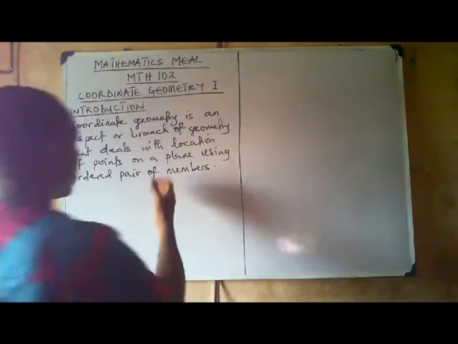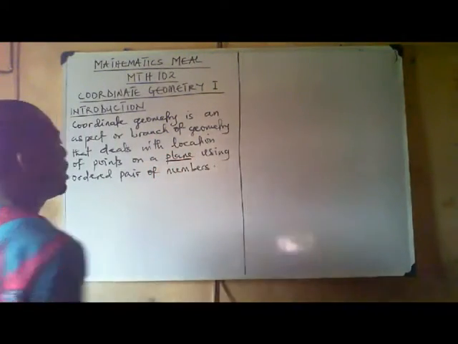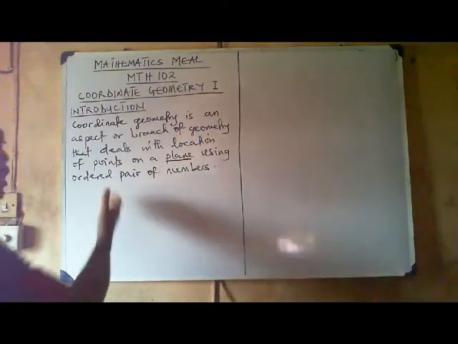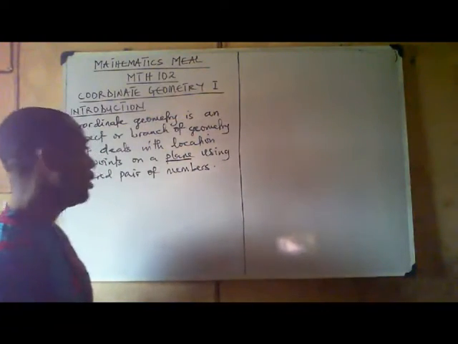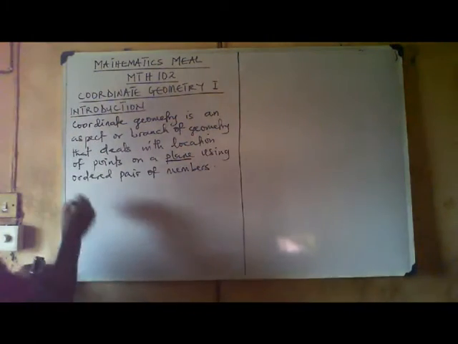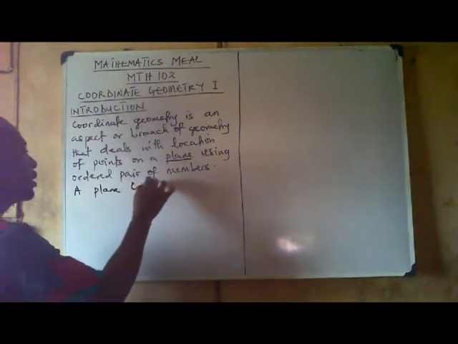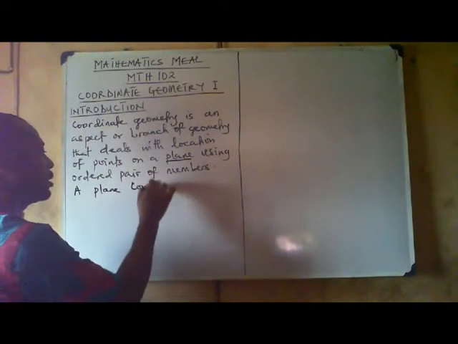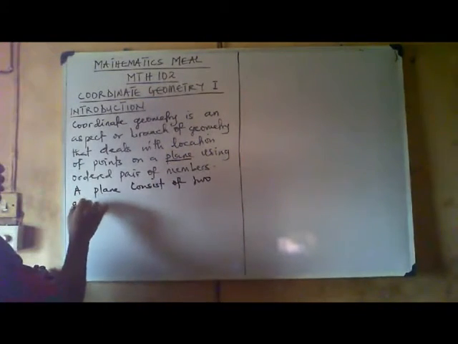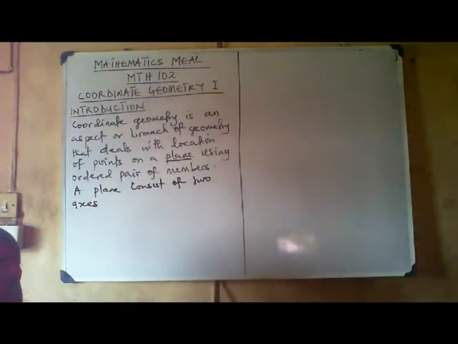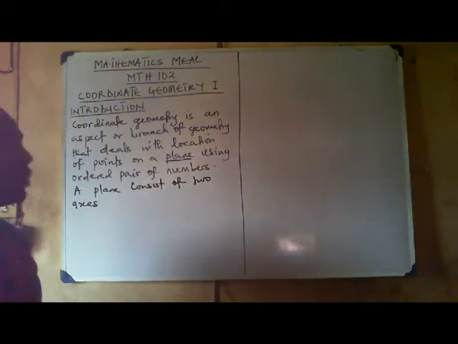Now there are keywords there that we must talk about. We have to talk about a plane because we mentioned plane, and then we also have to look at this ordered pair of numbers, what we actually mean by ordered pair of numbers. Now a plane consists of two axes, which we usually refer to as the x-axis and the y-axis.